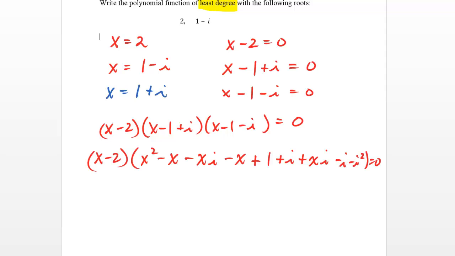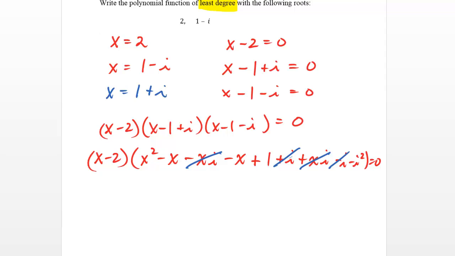Okay, and you can see here that we got kind of crazy with the distribution, and we ended up with all these terms. But you'll notice that looking through this, you actually have quite a few terms that cancel each other out. We have a positive i and a negative i. And so you can see here we have the negative i squared, and if you remember, i squared is equal to negative 1.